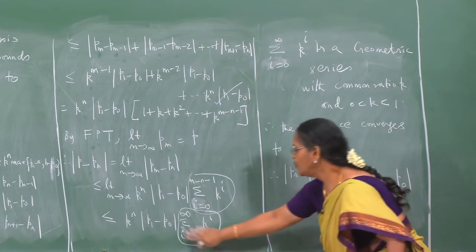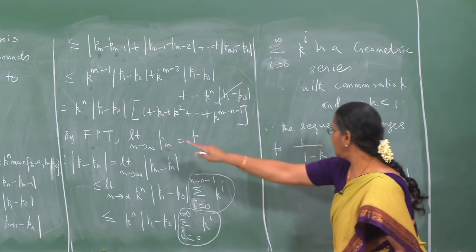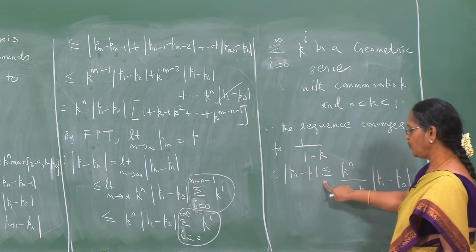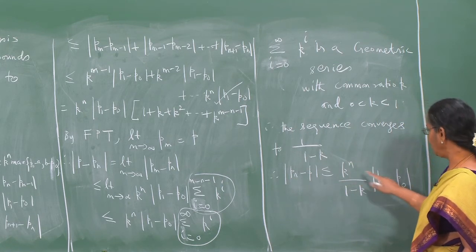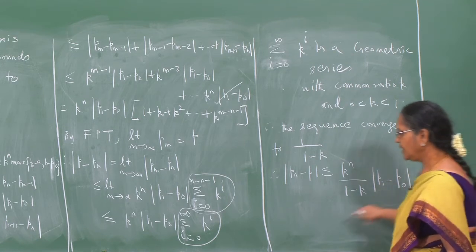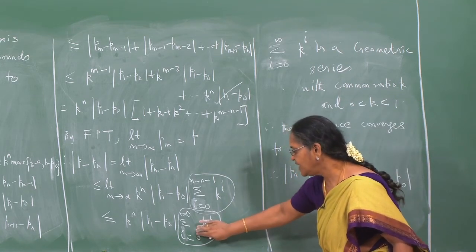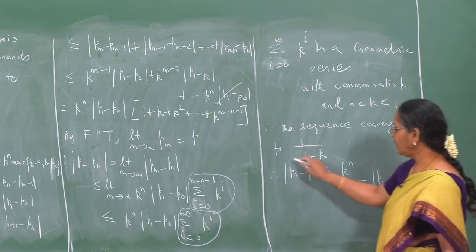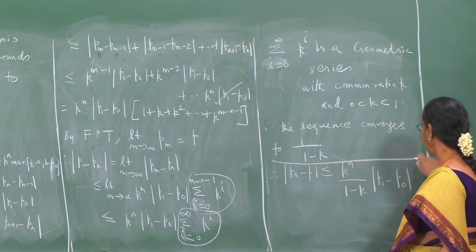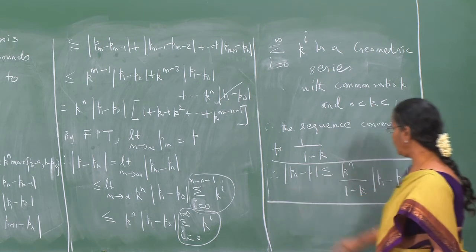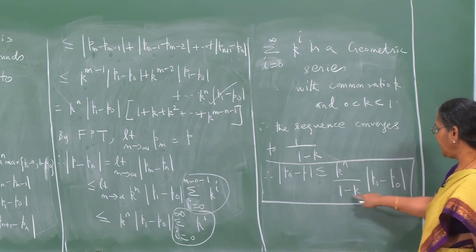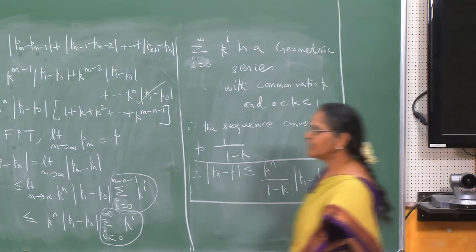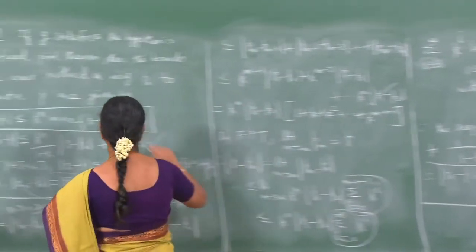So, I substitute that value here, and I end up with |p_n − p| less than or equal to k^n times |p1 − p0| times the sum to which this series converges, which is 1/(1−k). So, I have the result that |p_n − p| is less than or equal to k^n/(1−k) times |p1 − p0|, and that completes the proof of this part.